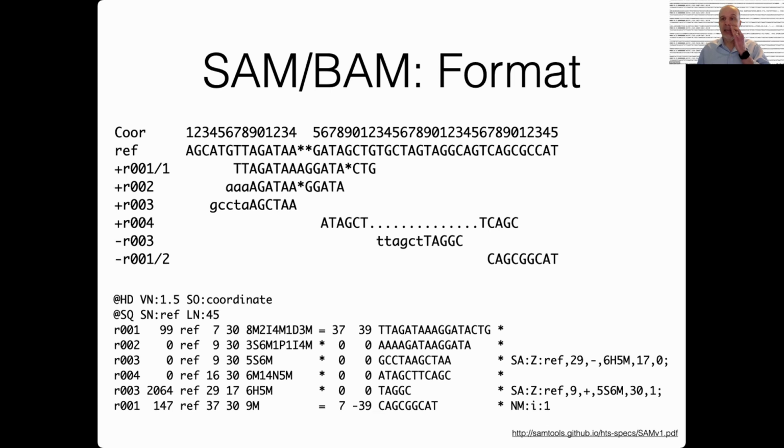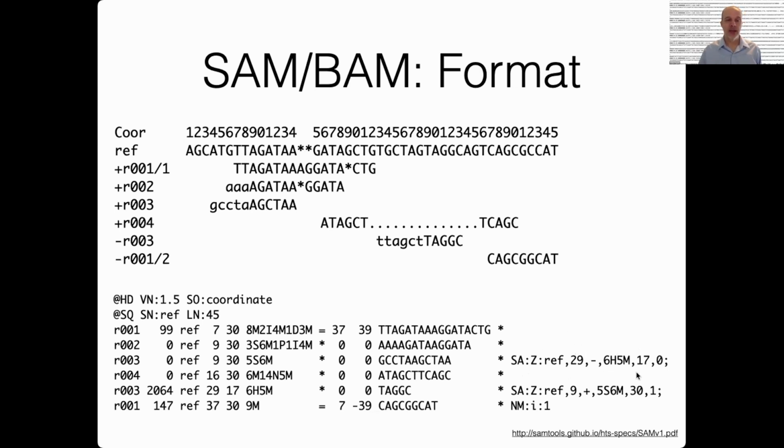You can have what's called an unmapped BAM file that some software likes using, because there's this field here where you can add information. The SAM BAM format allows for some flexibility in what information is put here.